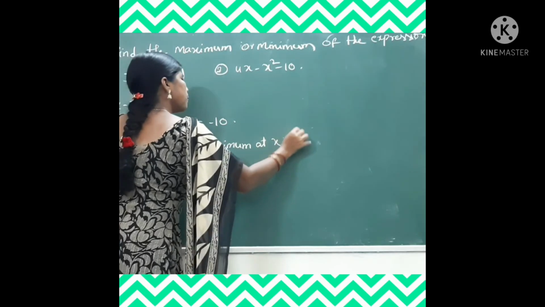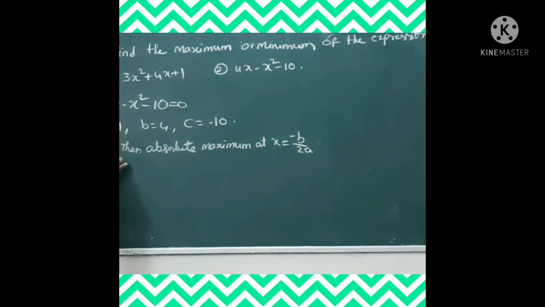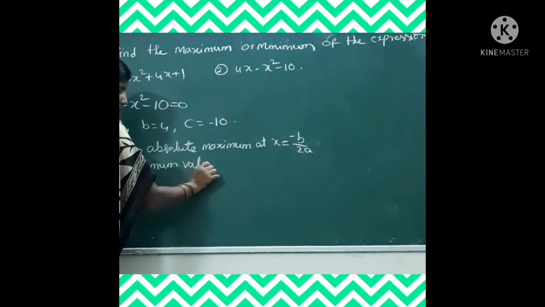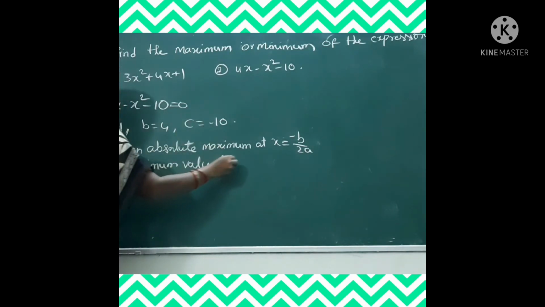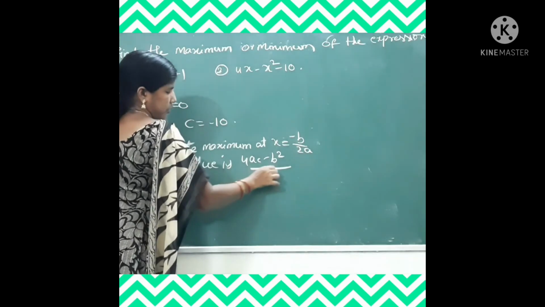At x is equal to minus b by 2a, and the maximum value is 4ac minus b square by 4a.